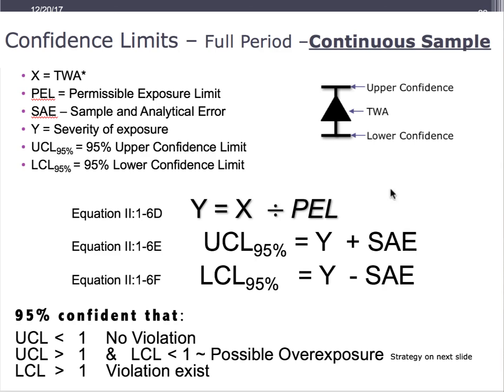People would be at 100% of their limit. So we use 1 because that's the ratio. If your Y is less than 1, then people are below the permissible exposure limit. If your Y is greater than 1, then people are above your permissible exposure limit.